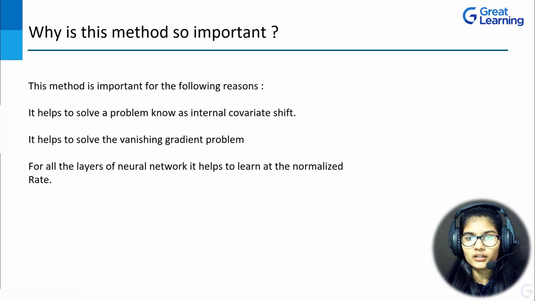During all of these things, it helps you to treat these sorts of problems. That is the reason we are studying this, and that's the complete reason why we say this method is so important. Hope I made this very clear for you.